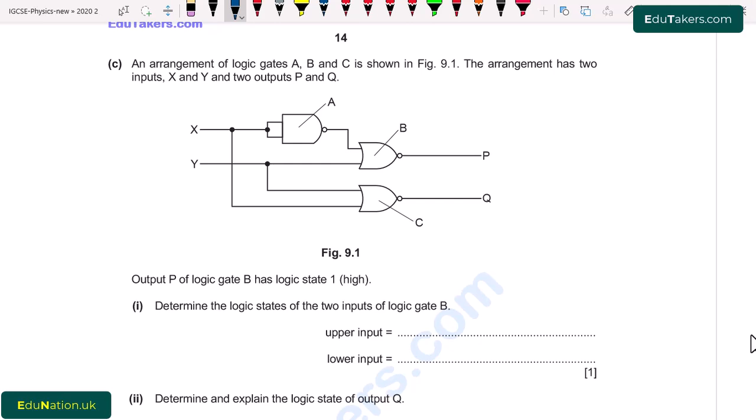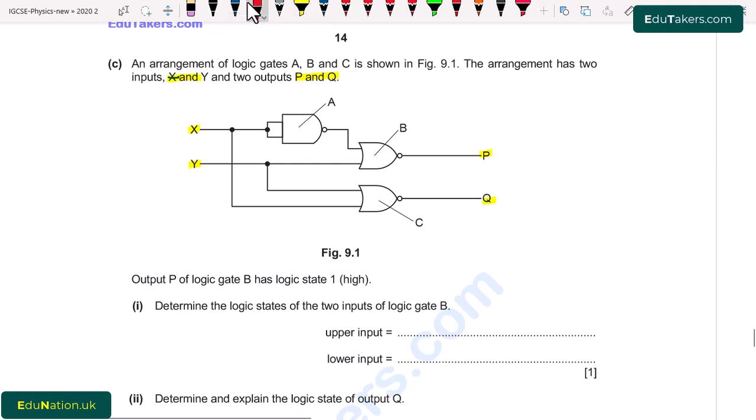The arrangement has two inputs X and Y and the two outputs P and Q. Here the inputs are X and Y, while the outputs are P and Q. And there are different gates used.